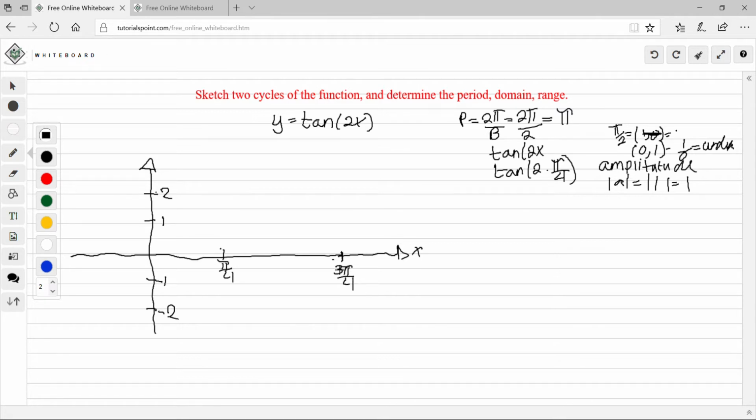So we just put our little dashed line up vertically. Now they say 2 cycles, so we need a negative pi fourths. We'll put it right here. Negative pi fourths.